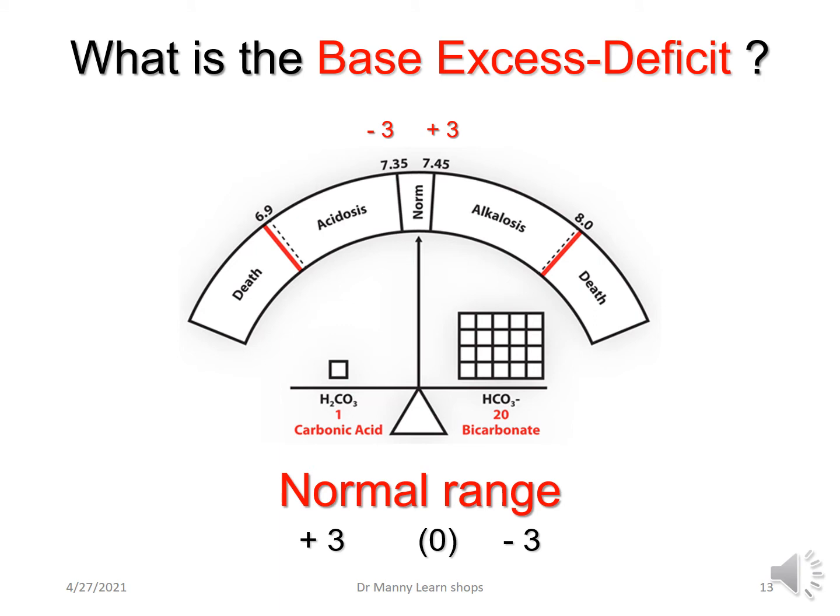It doesn't typically give you a figure; it's just stated as a base excess or a base deficit. The normal range is from +3 to -3. +3 indicates an excess, -3 indicates a deficit. But typically the mean would be 0. It's in balance.